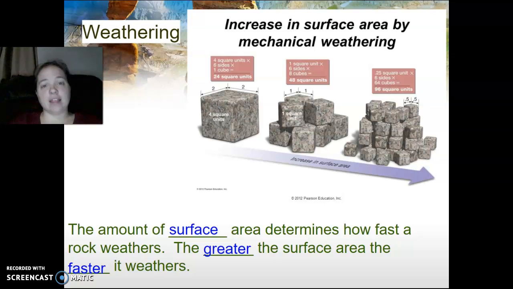It takes a lot less time because there's more surface area on that tiny little bit than that huge chunk. Because think, all this outside stuff has to dissolve first before the stuff on the inside can dissolve. Now the stuff on the inside is already exposed because it's broken apart and split into tiny little pieces. So the water has more access to break down the bits and pieces.